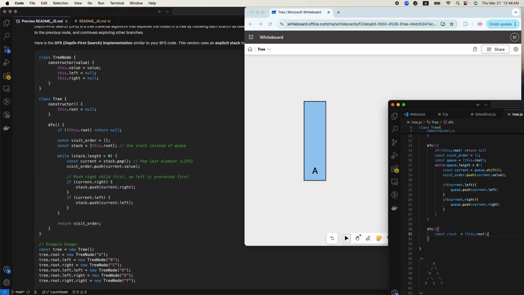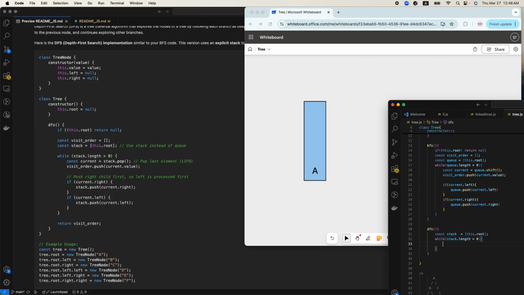Now we start checking every node, extracting them from this stack, and we continue that process until the stack is empty. So I'm saying while stack.length is greater than 0, you continue processing.